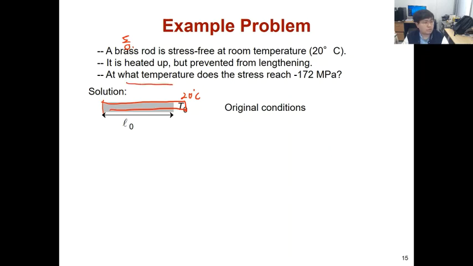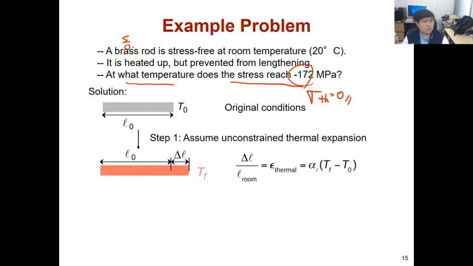So at what temperature does the stress reach minus 172 megapascal? It's hard to say, if this environment does not have any external geometry, that although we increase the temperature, the stress always equals 0 without the constraint.